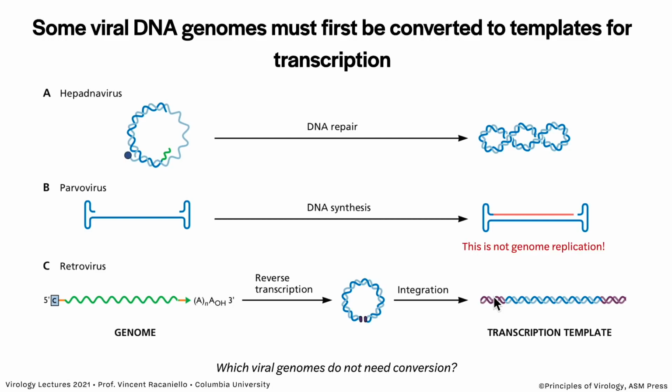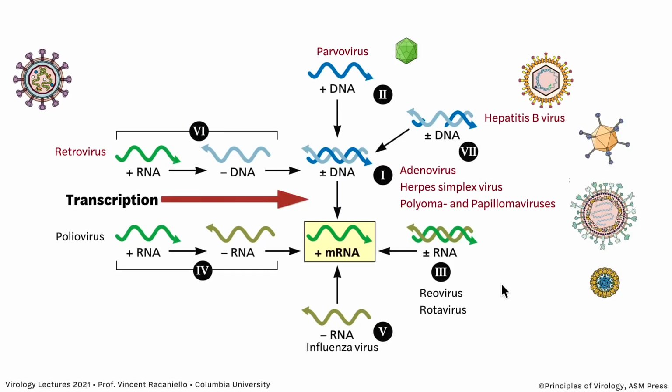So which genomes do not need conversion? Well, the double-stranded DNA viruses, like the polyomaviruses that I've just shown you, and the papillomaviruses, closely related viruses to polyomaviruses, which cause warts in people and cancers, which we'll talk about later.